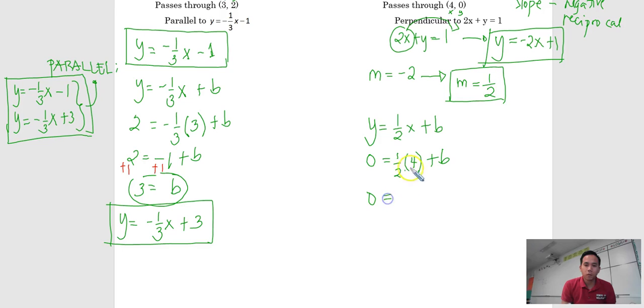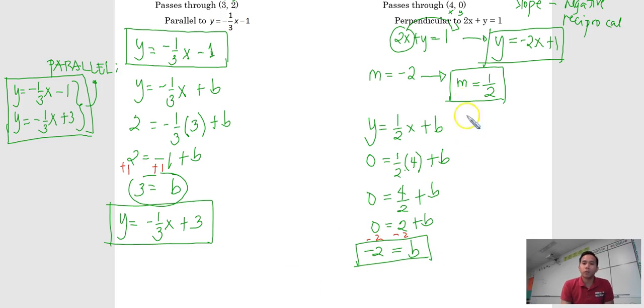So 0 is equal to 4 divided by 2 plus b, which is 0 is equal to 2 plus b. So b now is equal to -2, because I subtract 2 from both sides. Therefore, our b is -2.